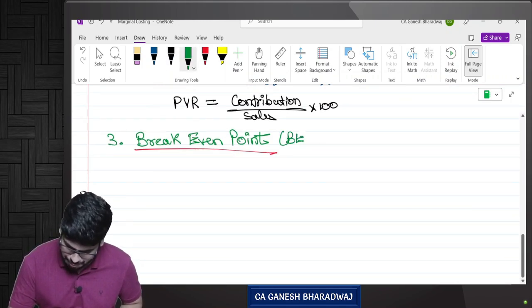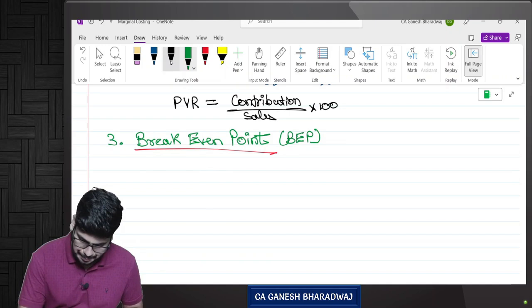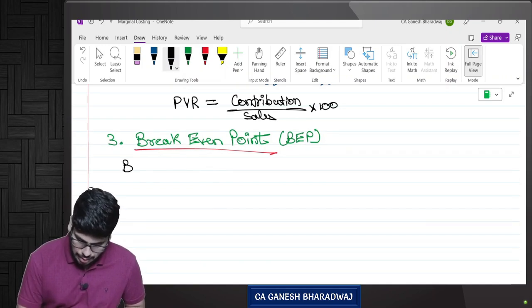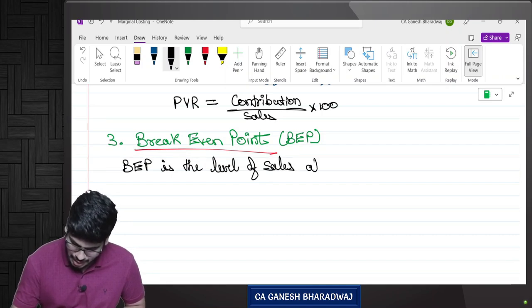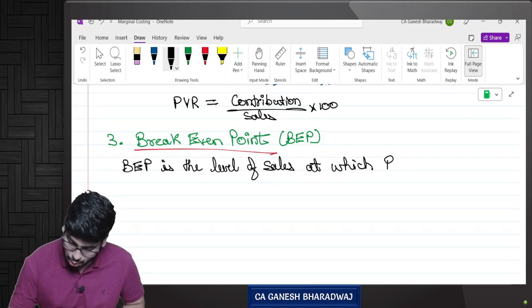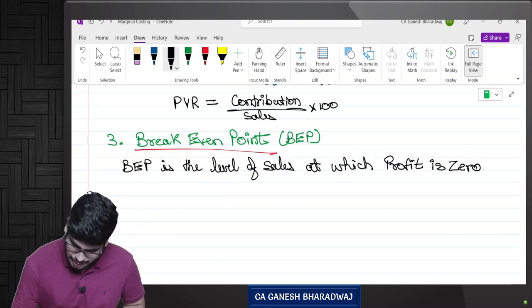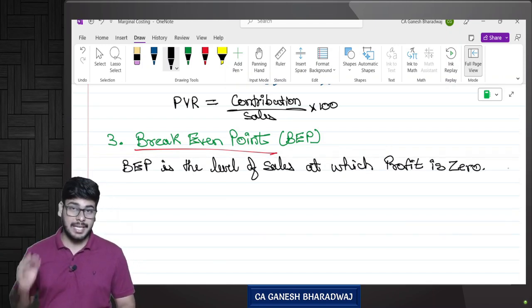The short form for break even point is BEP. Break even point is the level of sales at which profit is zero. It is the level of sales at which the profit is zero.